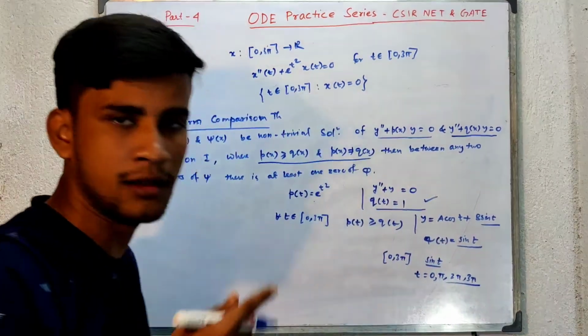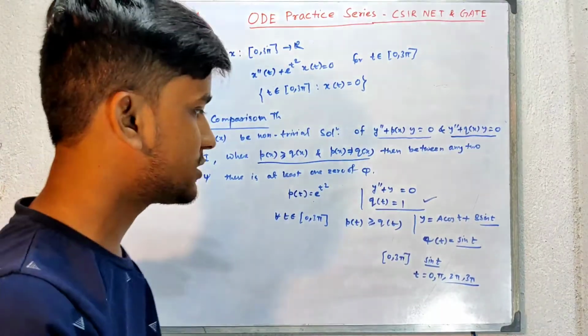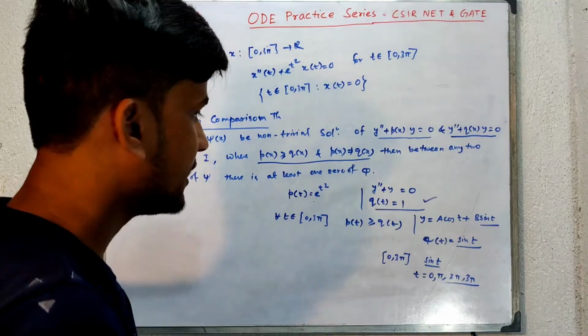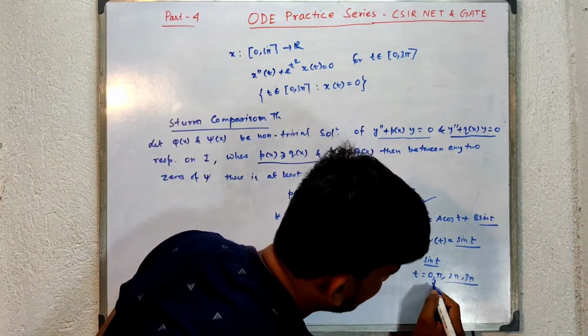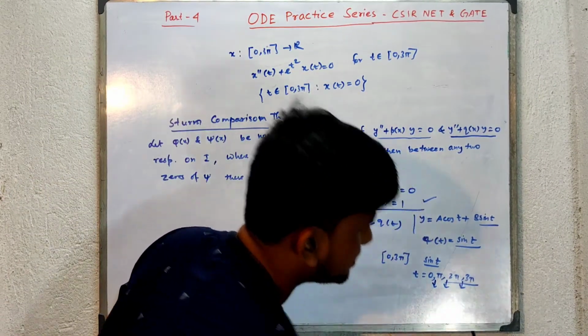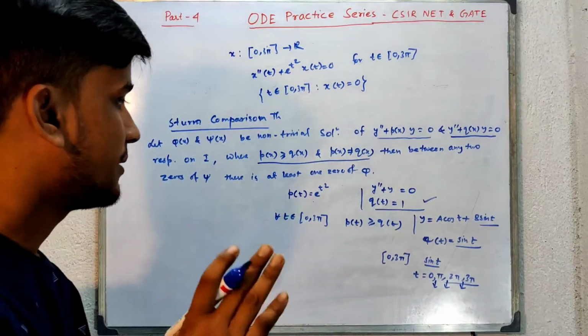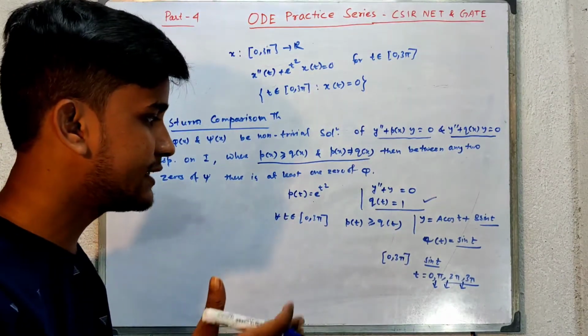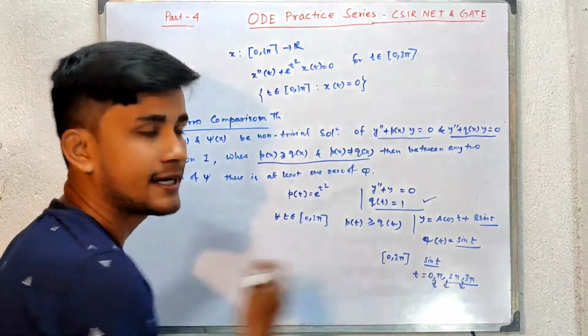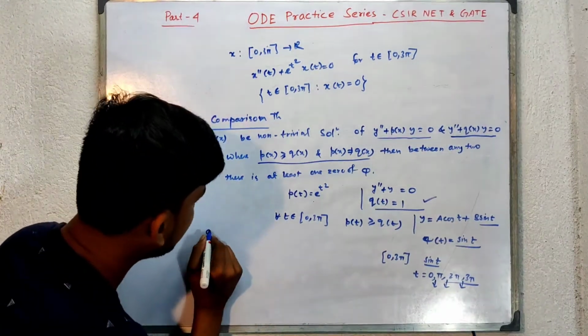So between any two zeros there is at least one zero, that means we get a zero here, here and here. At least one zero in each, and there are three such intervals, so in total at least 3 zeros.